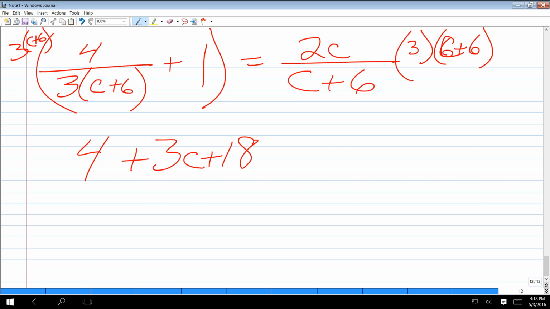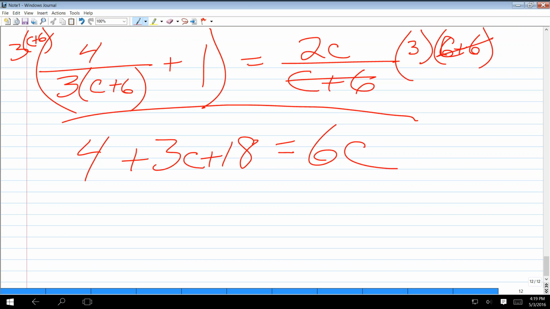We'll go ahead and distribute it. You with me? Over here, that c plus 6 cancels with that c plus 6, and I'm left with 6c. Now, that is super easy to solve from there. And it was only one step to do it.